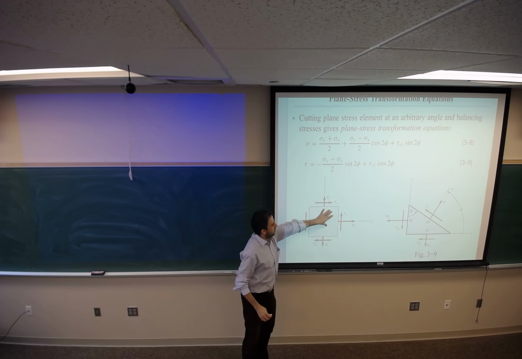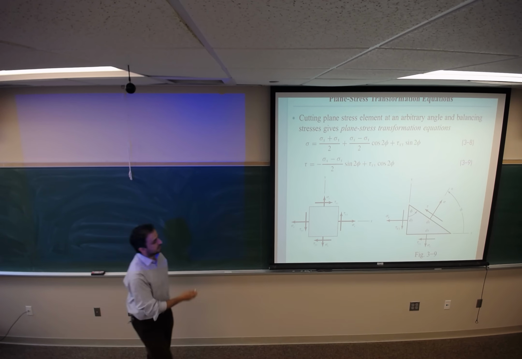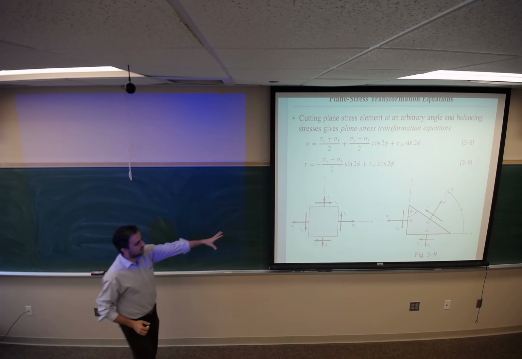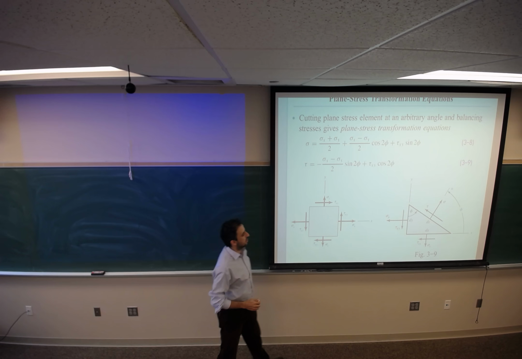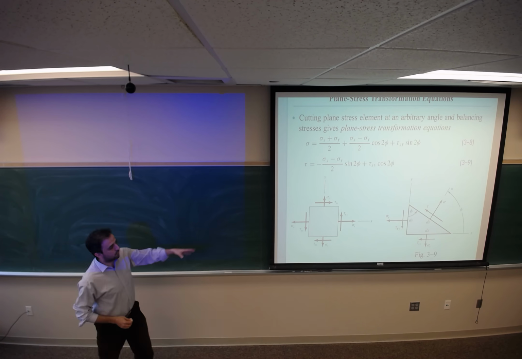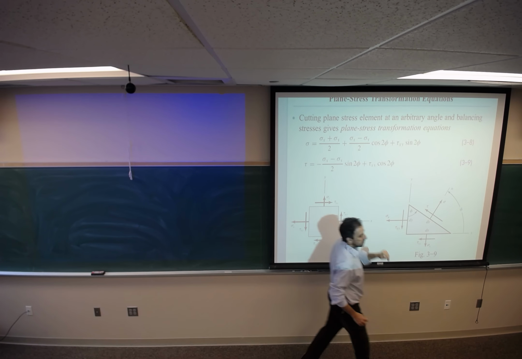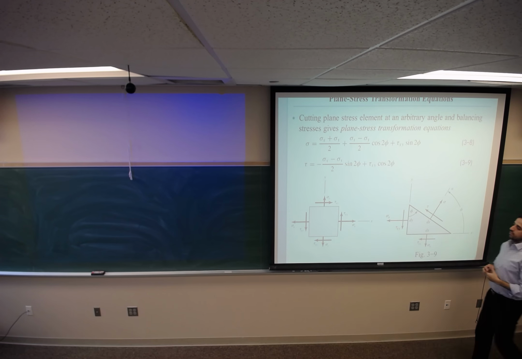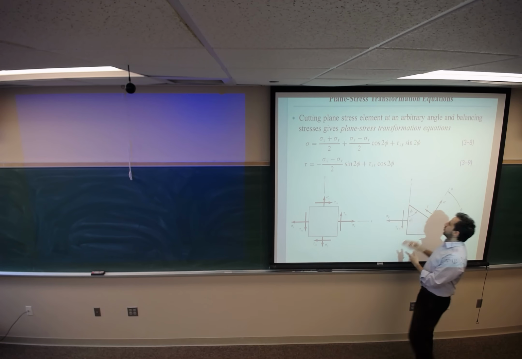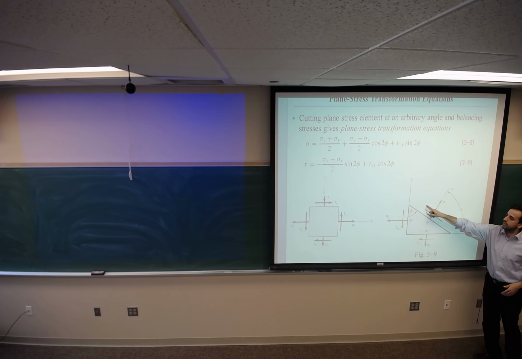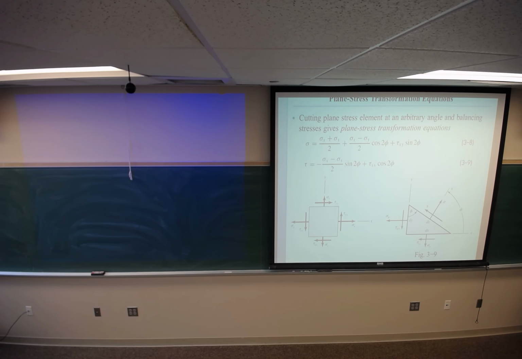We were given a plane stress element like this, with some normal stress and shear stresses applied. We would like to know, if you rotate this stress element or cut it at the angle of phi, what would be the new terms for sigma and the shear stress on the new stress element. So we move from this to something like this.